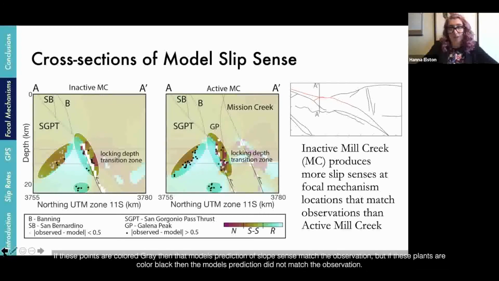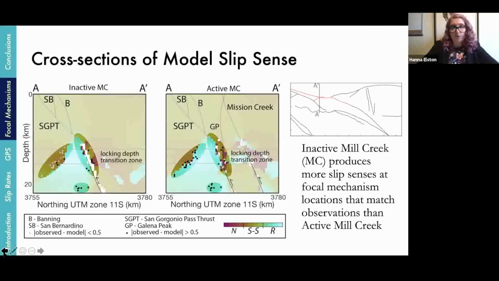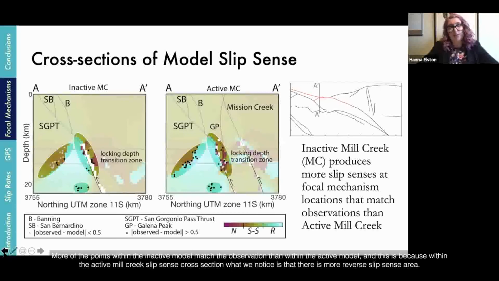If these points are colored gray, then that model's prediction of slip sense matched the observation, but if these points are colored black, then the model's prediction did not match the observation. The first thing we want to note is that more of the points within the inactive model match the observation than within the active model.